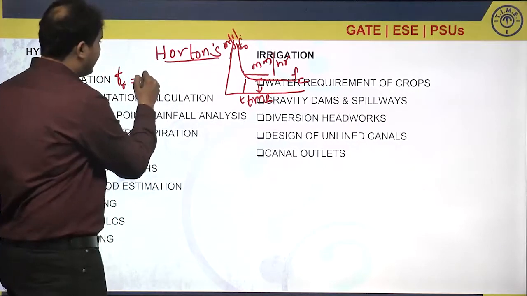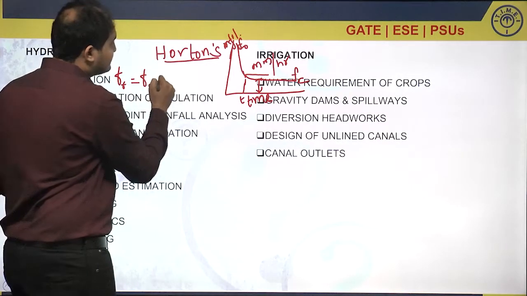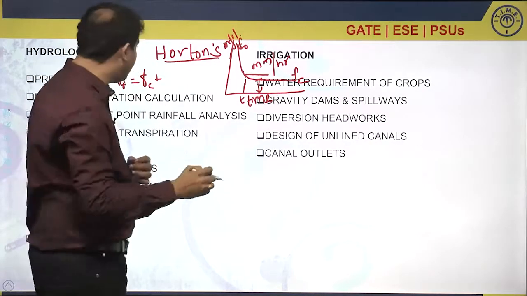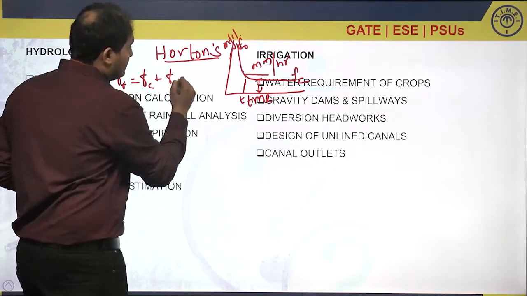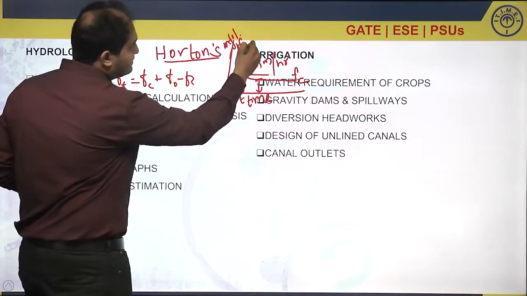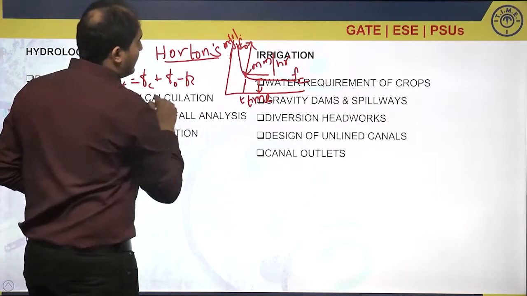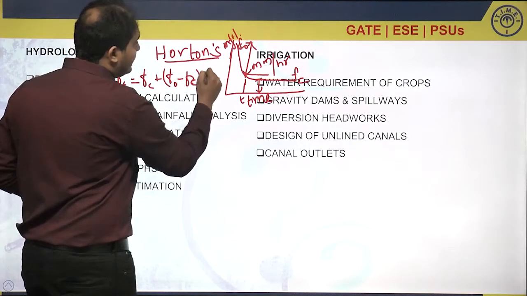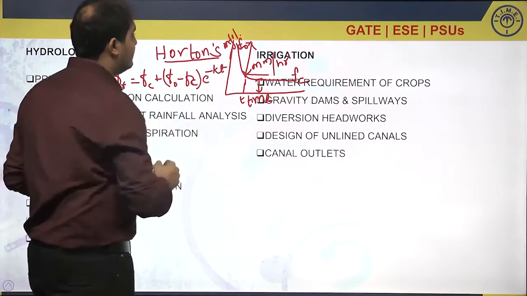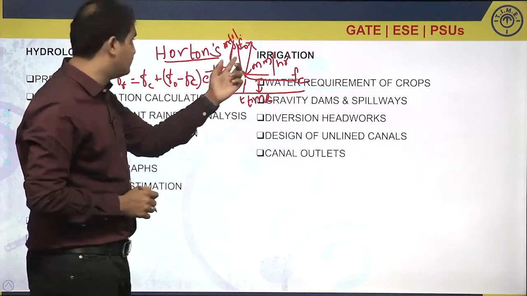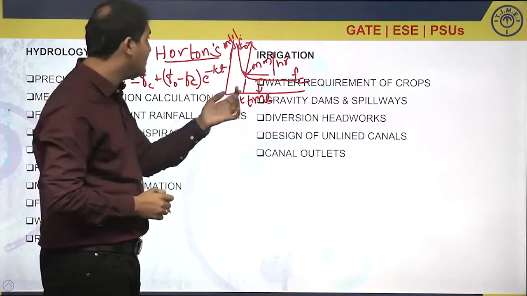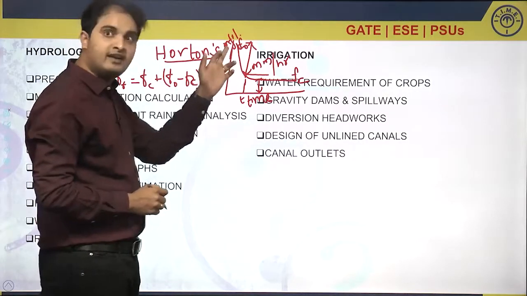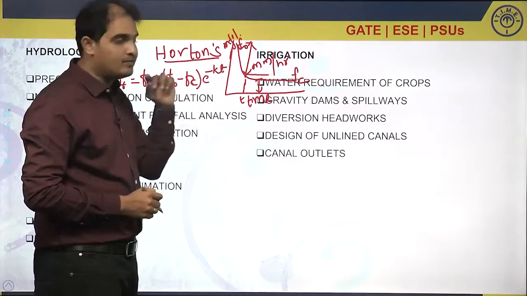Therefore, I can write Ft is equal to Fc plus, and since this is reducing exponentially, we write F naught minus Fc, into e to the power of minus kt. We are using e since it's reducing exponentially by Newton's law of decay, where k is the constant of degradation or decrease, and t is the time in hours.